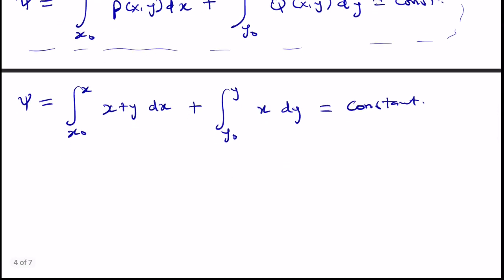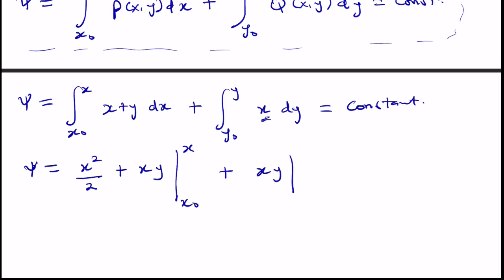When you integrate the first one with respect to x, we have that psi is equal to x squared over 2 plus xy from x0 to x, plus, we integrate the second one, we have xy from y0 to y.